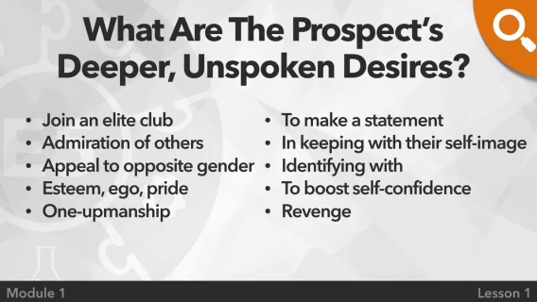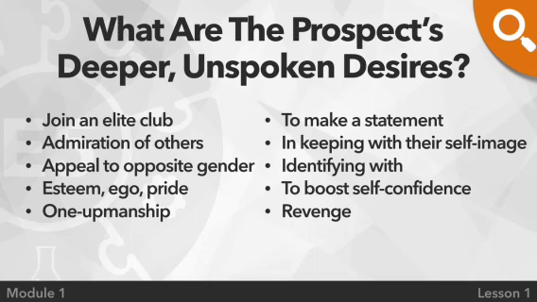For example, this is a list of a variety of deeper unspoken desires. The desire to be part of an elite club, the desire to get admiration from others, the desire to be sexually appealing to the opposite gender, the desire for more pride, a boost in ego and self-esteem.